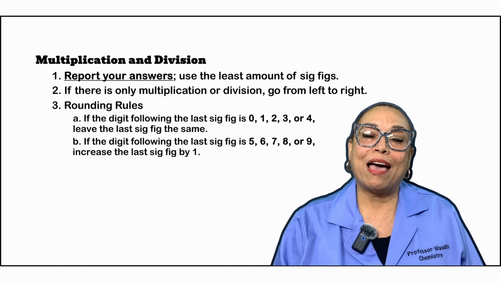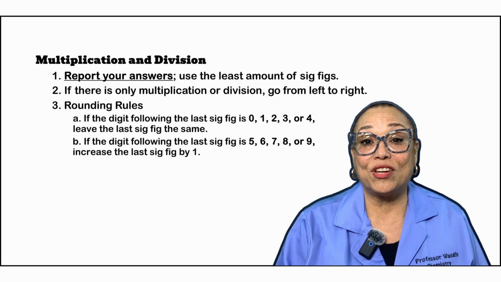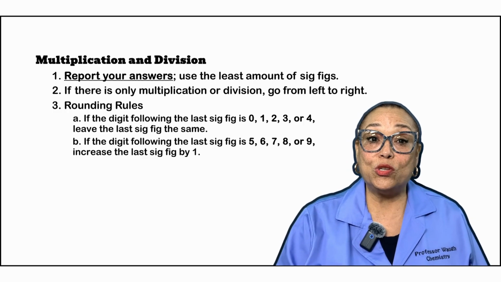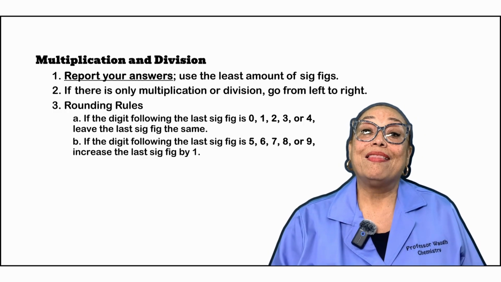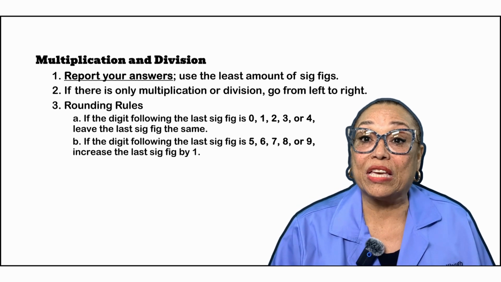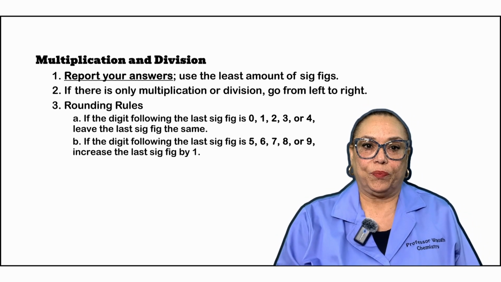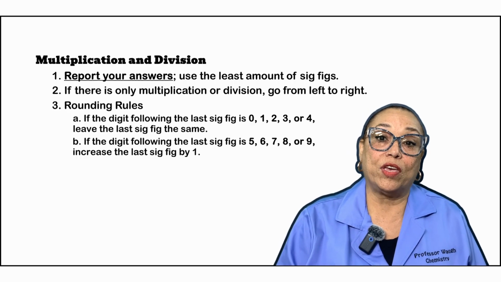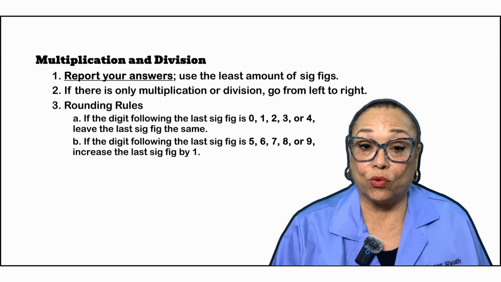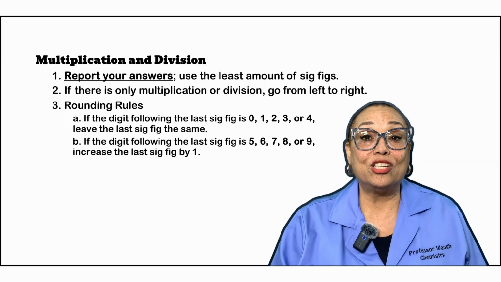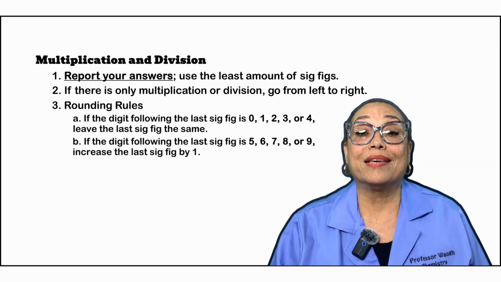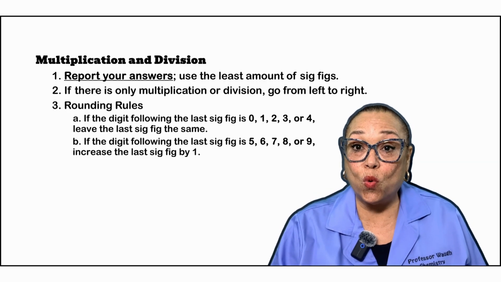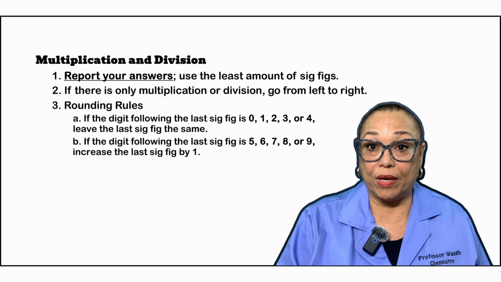To recap, when calculating problems with multiplication and/or division, remember to use the number in the operation that has the least number of significant figures. However, when you take the last sig fig, you got to know your rounding rules. So, if the digit that follows the last sig fig is 0, 1, 2, 3, or 4, then keep the last sig fig the same.